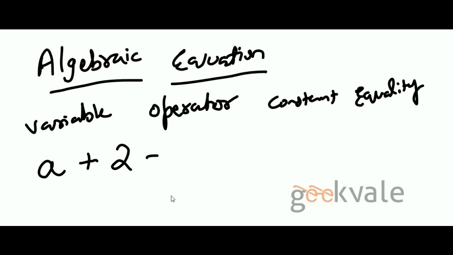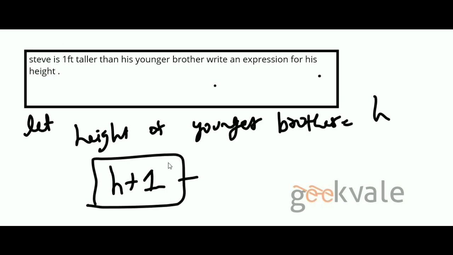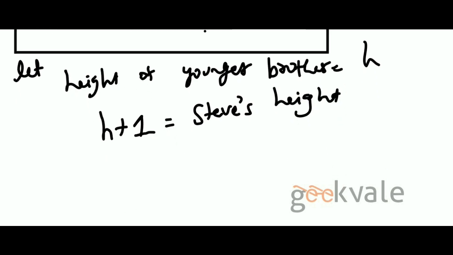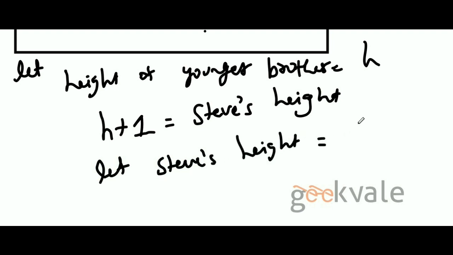Recall this previous example that we just did. If I assign this thing equal to Steve's height, this becomes an algebraic equation. Now I can even say let Steve's height equal s.